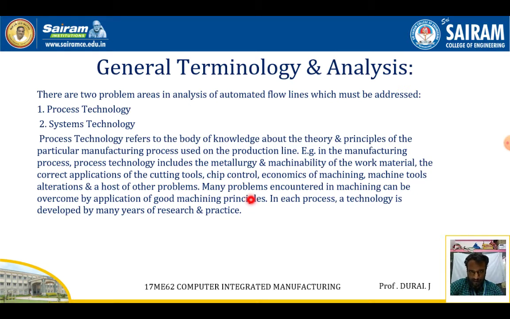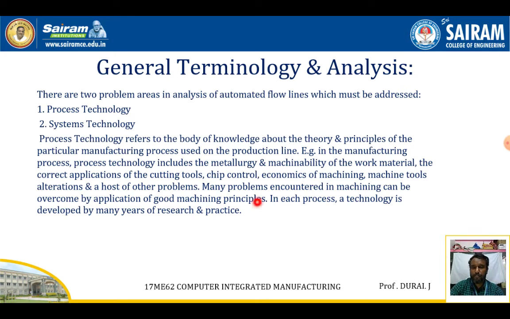Process technology refers to the knowledge about the theory and principles of the particular manufacturing process. For example, process technology includes the metallurgy and the machinability of the work material, the application of the cutting tool, chips, chip control and economics of machine tools.